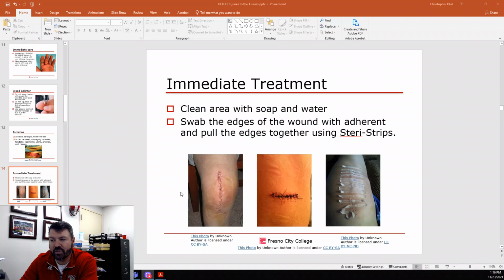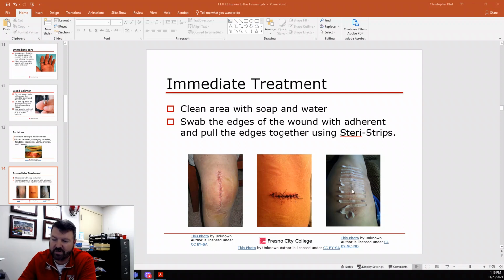Treatment, obviously soap and water, irrigate that thing. You want to try and close it up if possible, if you have the supplies for it. If not, I think this is staples right here. This is stitches, and these are steri strips.